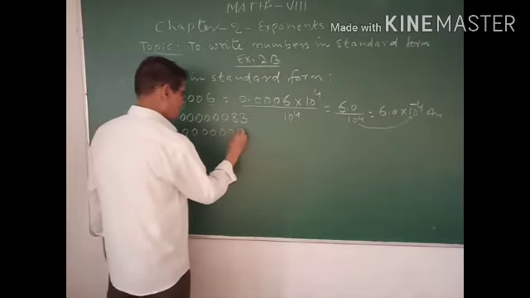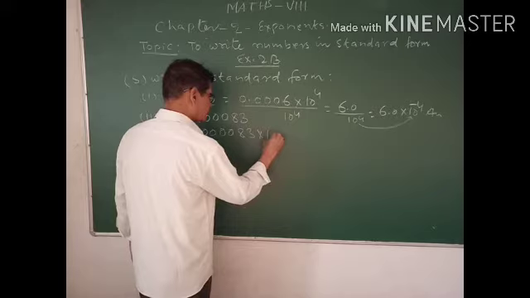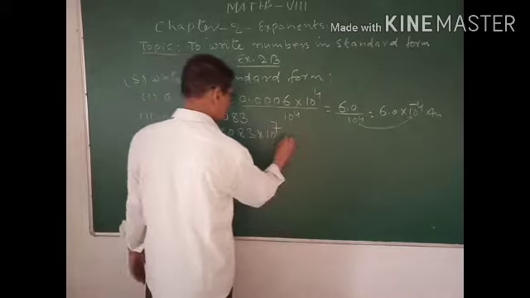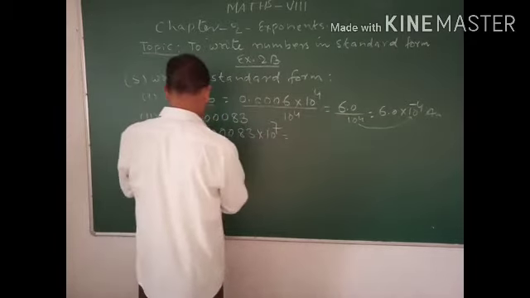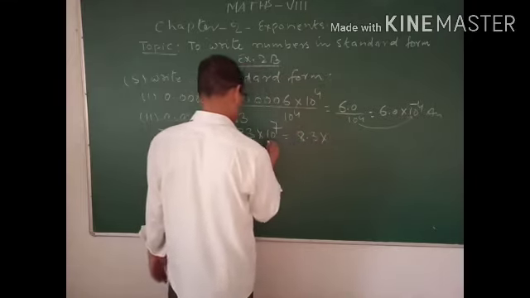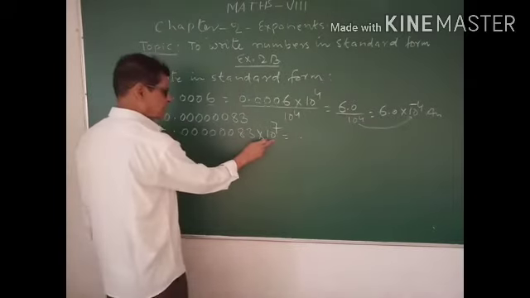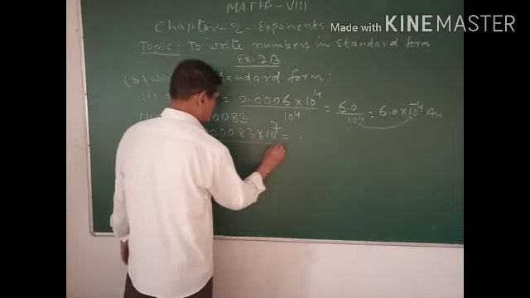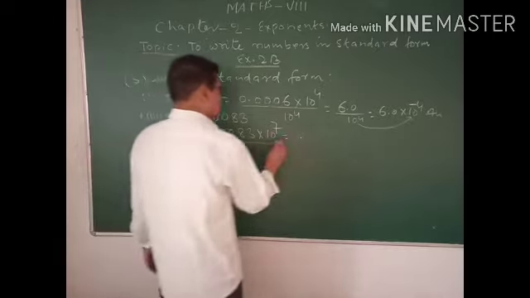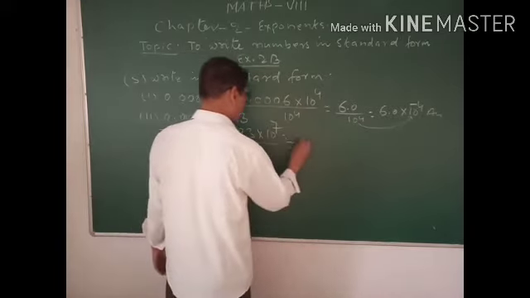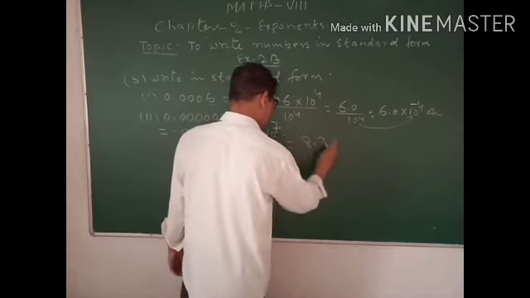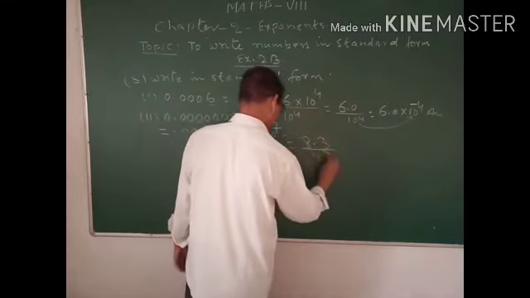So now multiply 0.00000083 into 10 to the power 7, and this will be equal to 8.3. Now to neutralize it, we should also divide by 10 to the power 7. What will be the numerator? Numerator will be like this: 8.3 by 10 to the power 7.